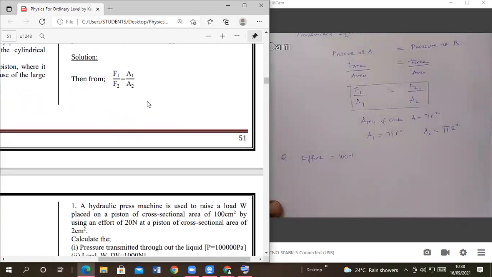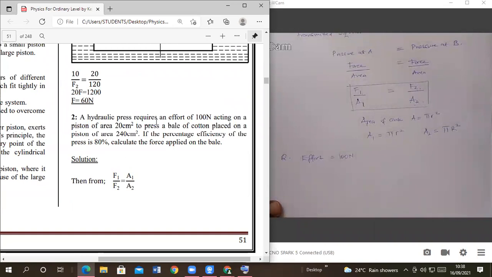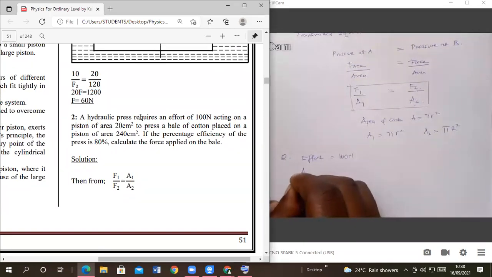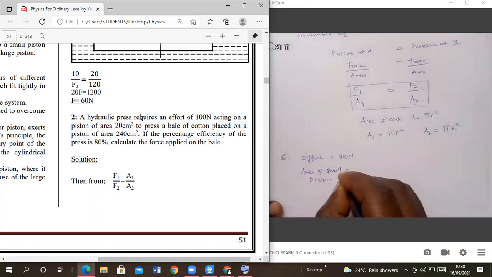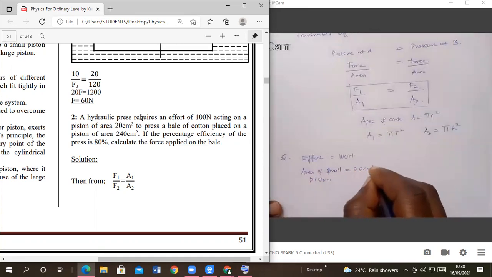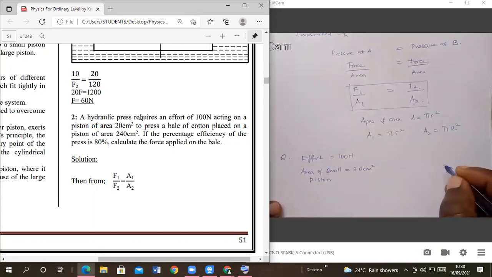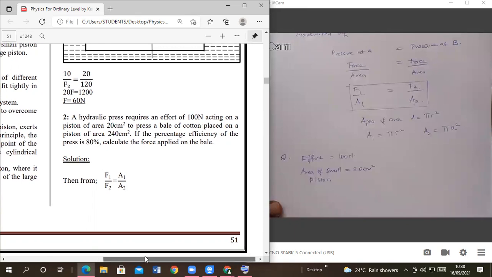So we can first read through the question very well and we get to know. A hydraulic press requires an effort of 100 newtons acting on a piston of area, so area of small piston is equal to 20 centimeters squared, to press a bar of cotton placed on a piston of area.